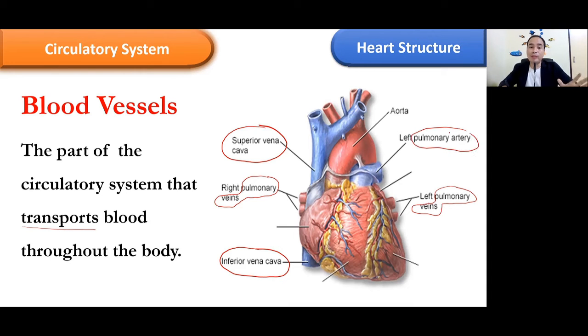Actually, there's also a right pulmonary artery, but it can't be seen in the picture. And we also have your aorta. Of these blood vessels, the aorta is the largest blood vessel of your body, because it has to distribute blood to your upper body and to your lower body. Okay.